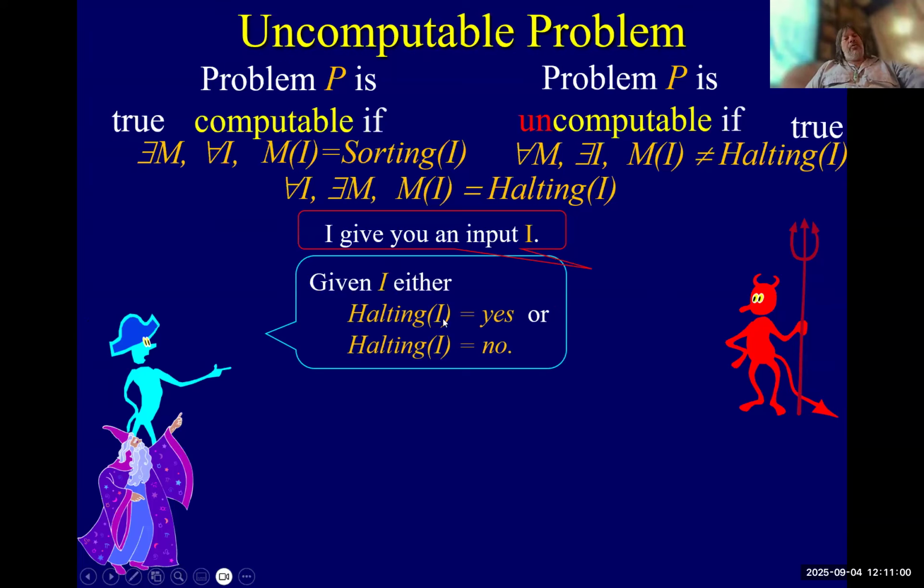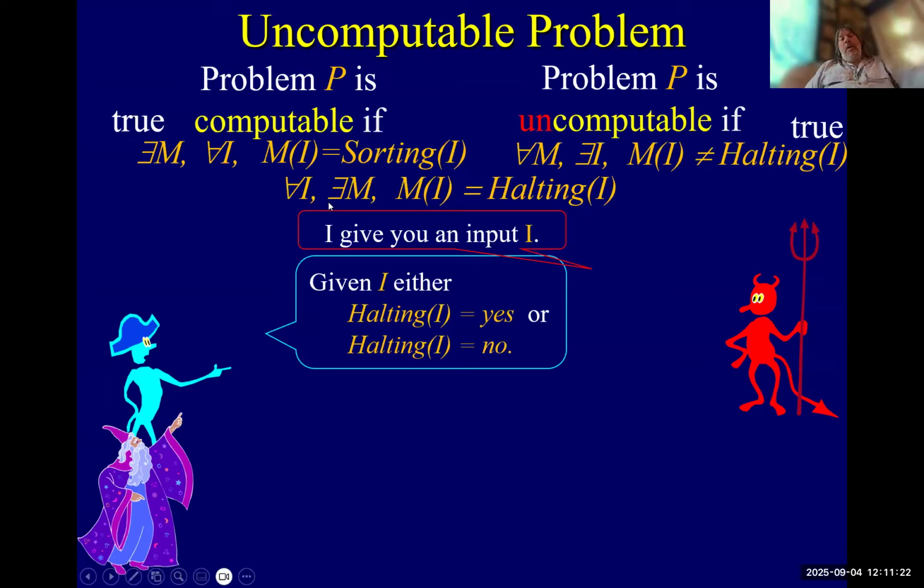Why don't I know? Because I don't have an algorithm that solves the halting problem, right? So I can't decide which of these is true, but I know that one of them is true.